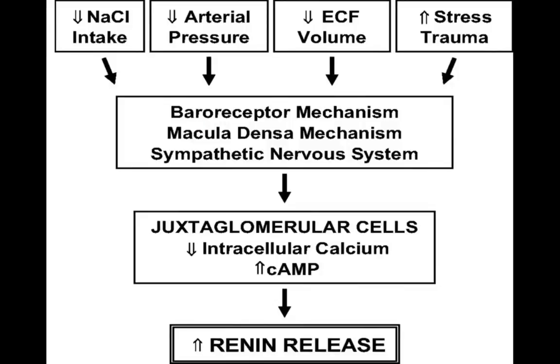Decreased sodium chloride load, or osmolarity, detected by osmoreceptors. 2. Decreased arterial blood pressure detected by baroreceptors. 3. Decreased blood volume detected by volume receptors. As well as 4. Some sympathetic stimulation can cause renin release.